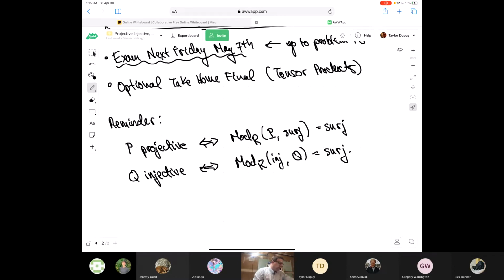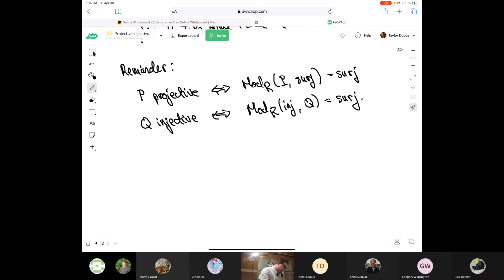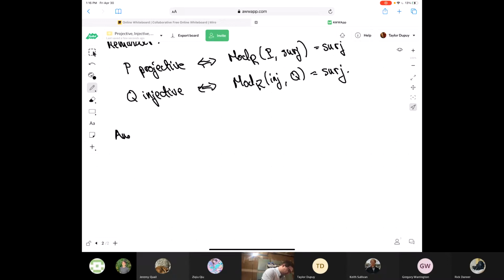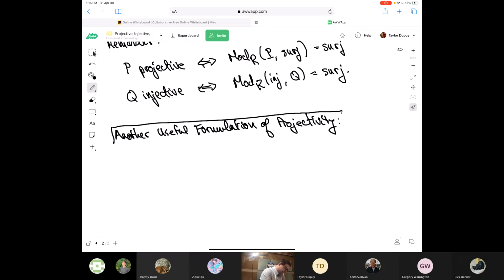Let's talk about another formulation of these two criteria. I'm going to do it for injectivity too, but let P be a projective R module.